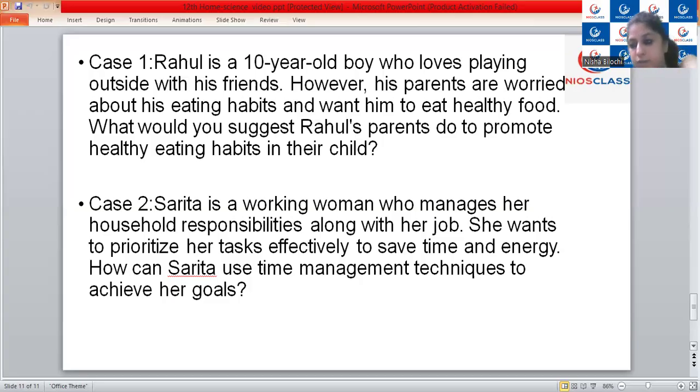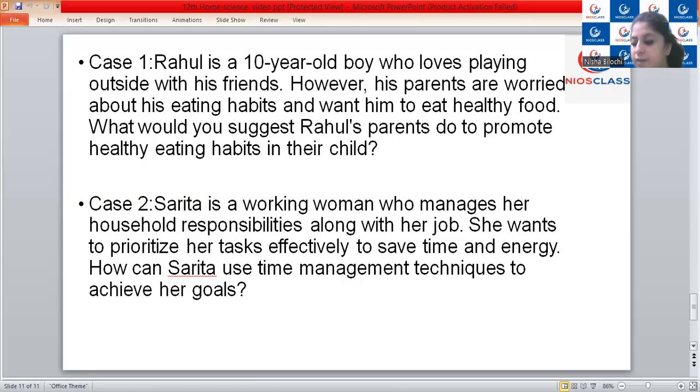And including Rahul in meal preparation will also be very important. Limiting the unhealthy options: reduce the availability of junk food and sugary snacks at home. No biscuits, no chips at home is definitely going to keep him away, okay, at least at home. Creating a positive atmosphere, then educating him about nutrition. If we explain the importance of nutrition to him, definitely Rahul will be a little bit considerate, okay. Gradual changes will be there, definitely nothing can change overnight, so it will take time, right?